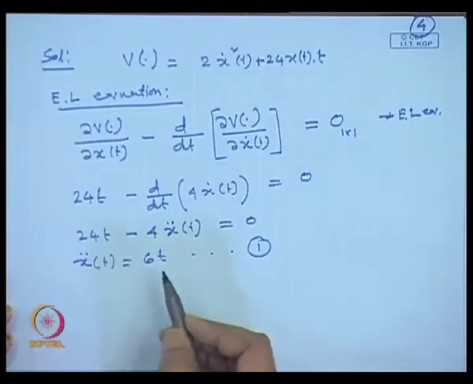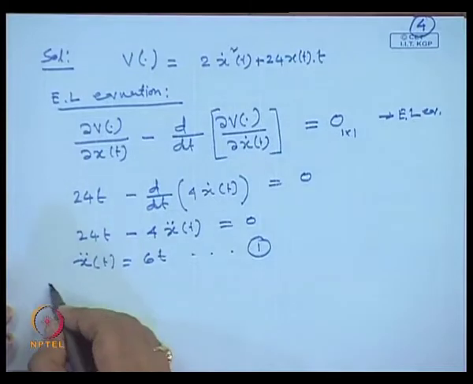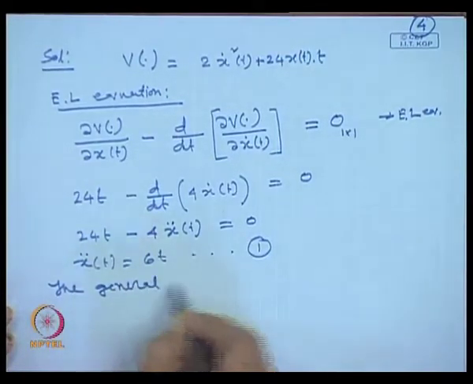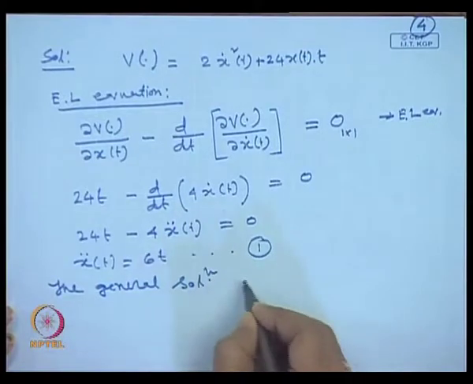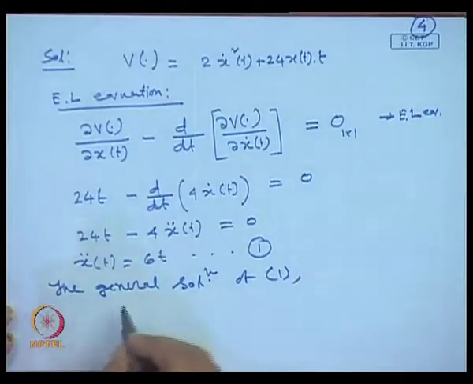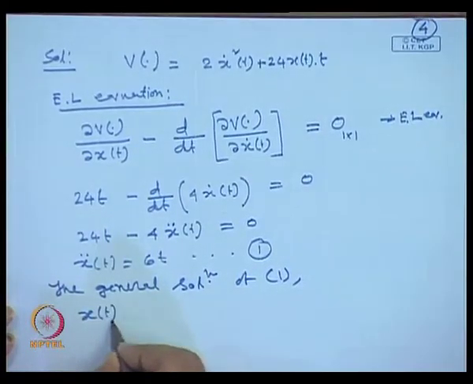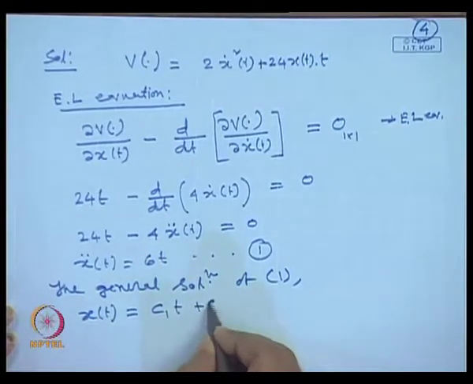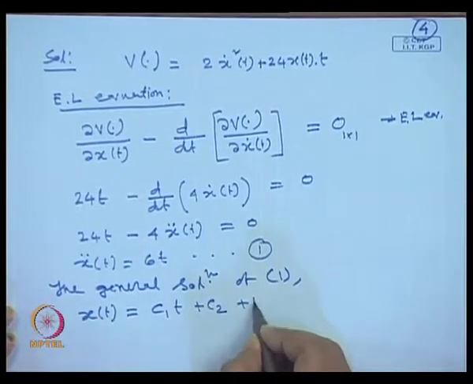So, I can write the general solution of equation 1: x of t is equal to C 1 t plus C 2 plus t cube.